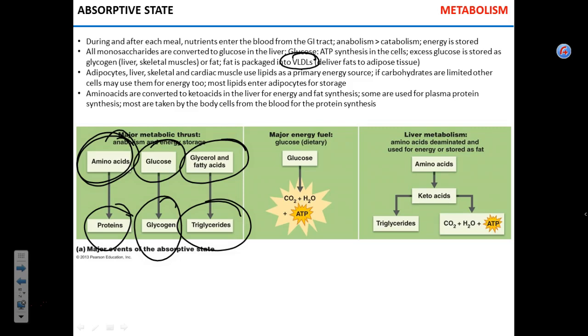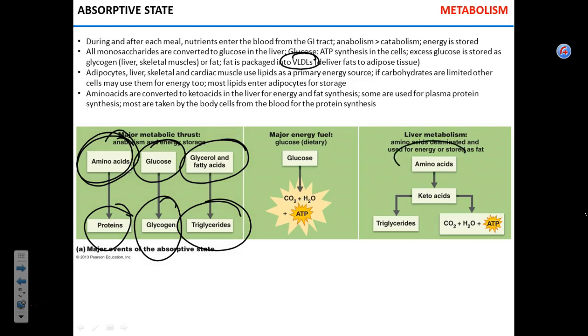Liver, muscles and fat tissue will use mostly fat as the energy source. Other cells will use carbohydrates mostly. In the absorptive state, brain will use only glucose.